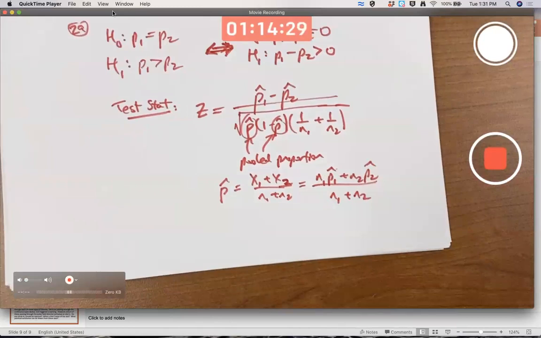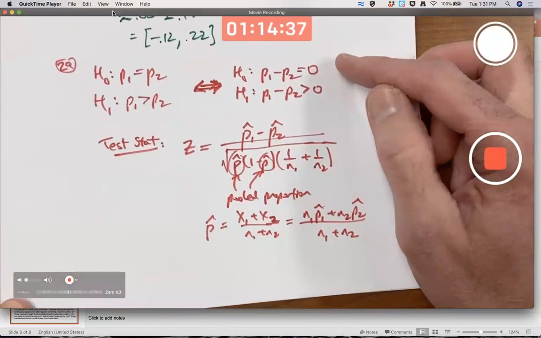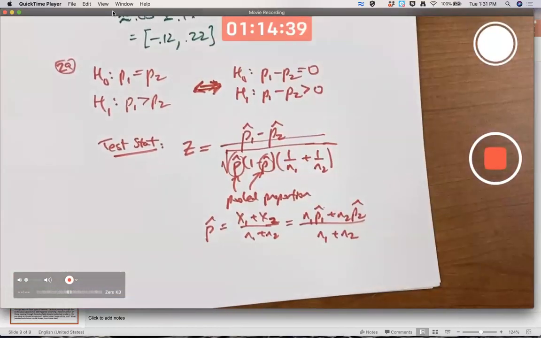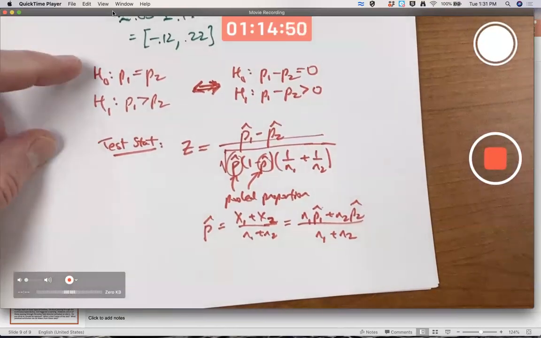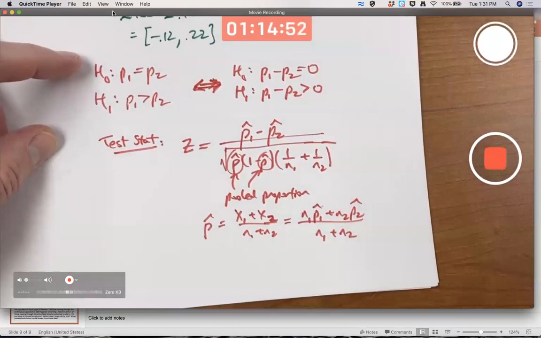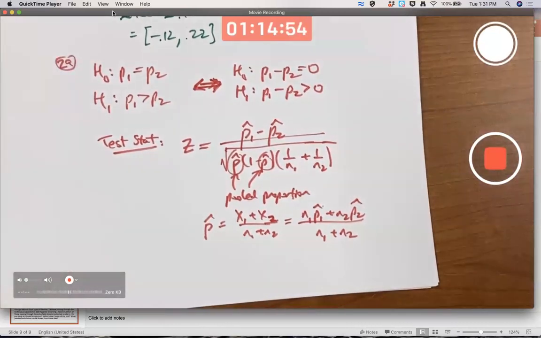And why are we doing that? Because when we're doing the test, we're assuming the null is true. And if we assume that P1 minus P2 is 0, in other words, that P1 equals P2, then this pooled proportion is a better estimate, logically at least, of the common value, because bigger samples give better estimates.